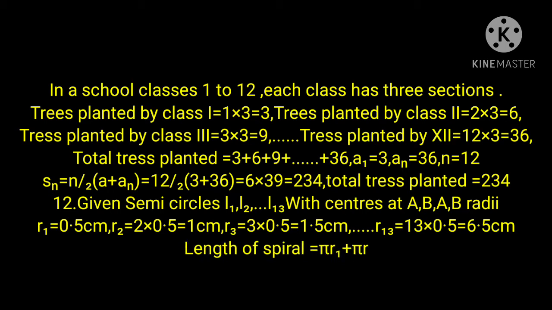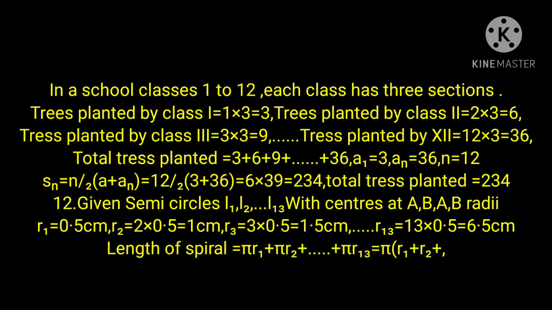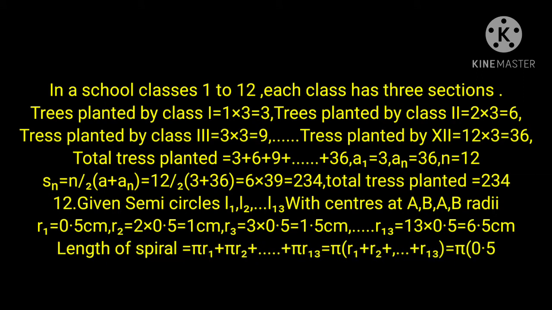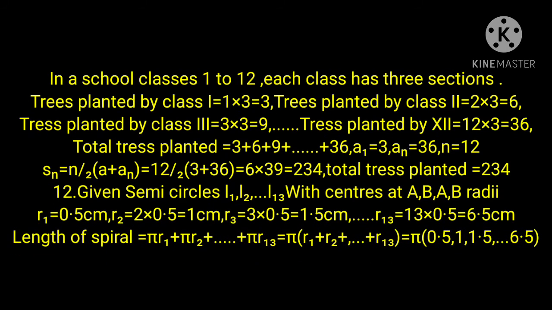Now we have the formula. The length of the semicircle is pi r. Therefore length of spiral is equal to pi r1 plus pi r2 plus pi r3, and so on, plus pi r13. If I take pi common, r1 plus r2 plus r3 plus so on r13, that is equal to pi into, if you substitute the values, 0.5 plus 1 plus 1.5 plus so on 6.5.